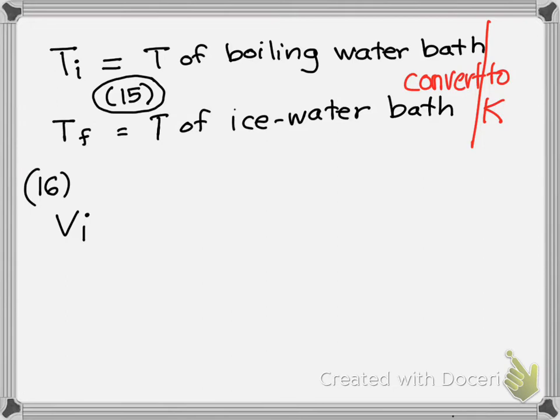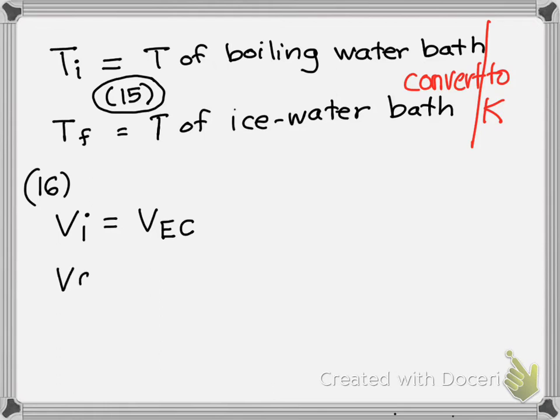Any air that exceeded the volume of the chamber escaped into the reservoir. Thus, the initial volume of air in the experimental chamber is equal to the total volume of the experimental chamber. So the initial volume is equal to the volume of the experimental chamber.